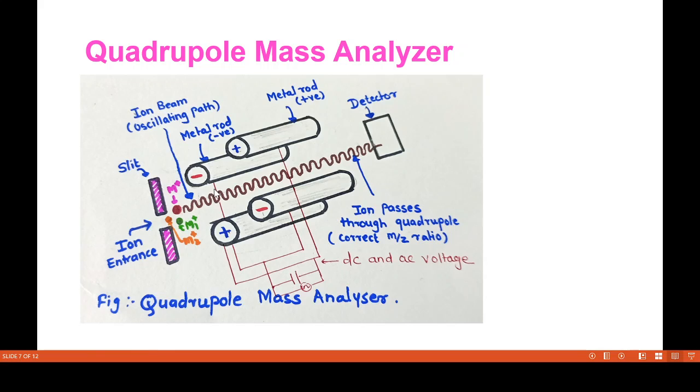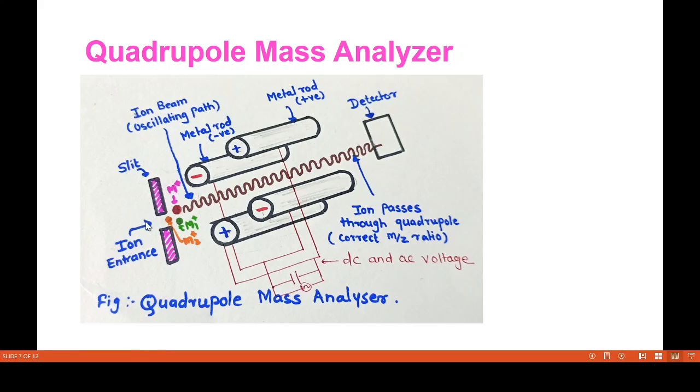Here the DC and AC voltage is applied. Instead of AC we also use the word radio frequency, RF. So here DC and RF voltage is applied between these cylindrical rods.